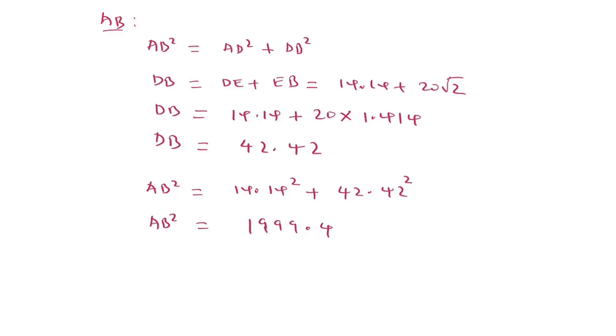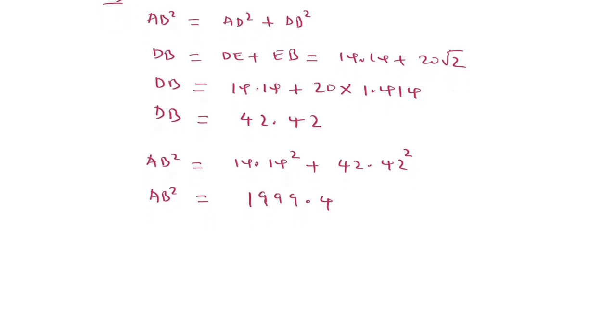Let us now apply the square root. We have AB equals under root 1999.4. Reading this from the table, we have AB equals 44.71 meters. And those are the answers required.